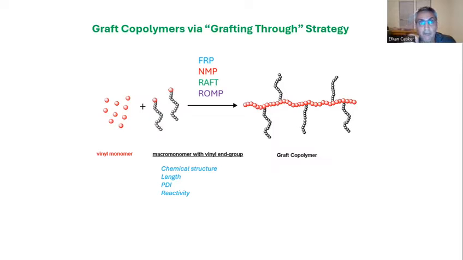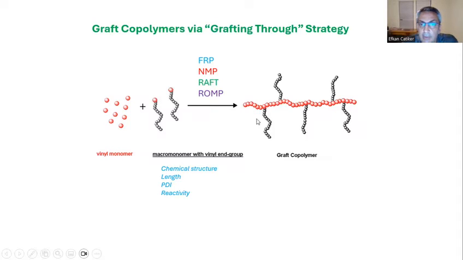As we mentioned, graft copolymers were obtained by the graft-through strategy. What is it? The graft-through strategy is a polymerization strategy to obtain graft copolymers using a vinyl monomer and a macromonomer with a vinyl end group through free radical polymerization or other controlled polymerization techniques.